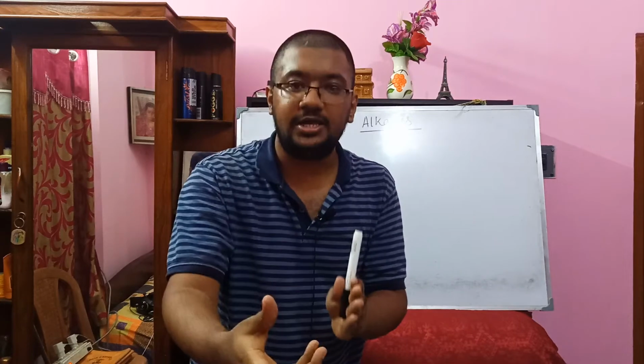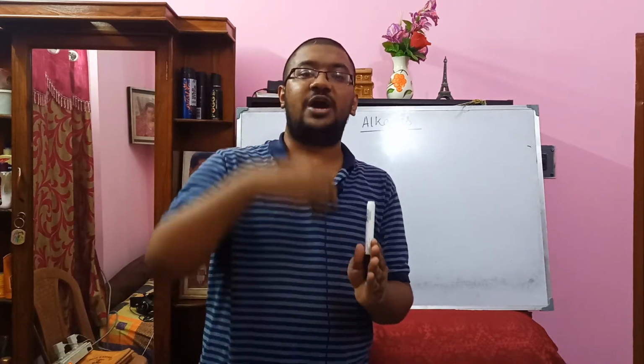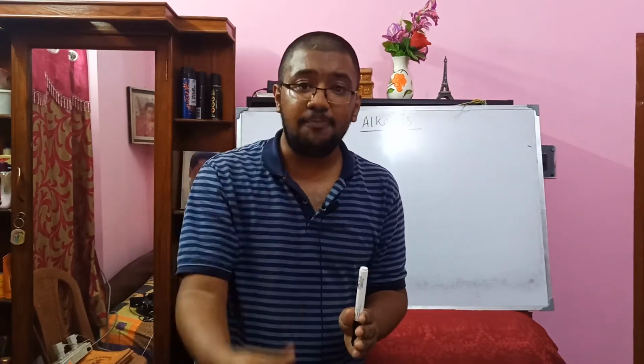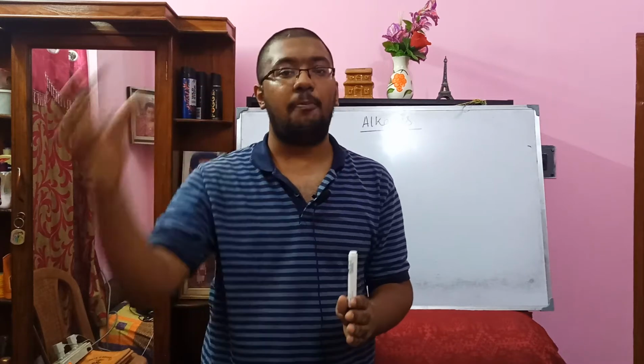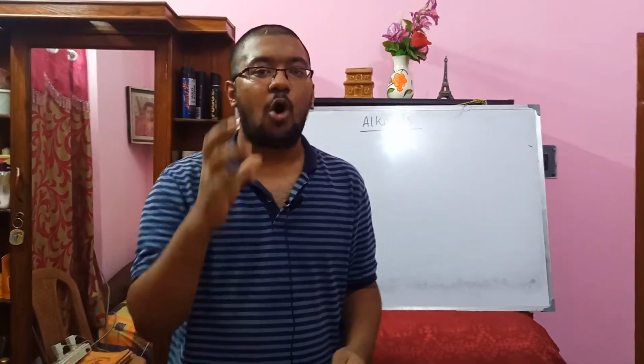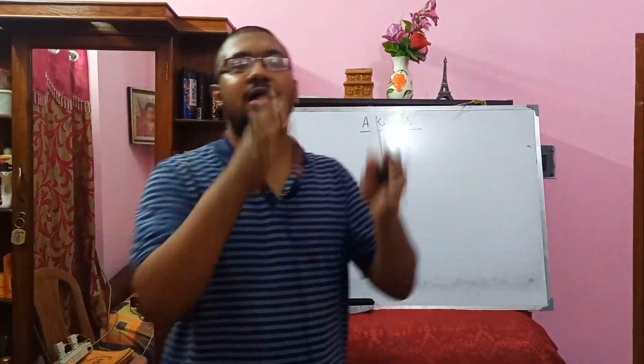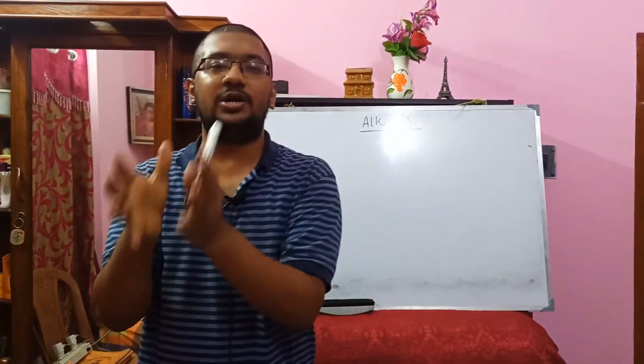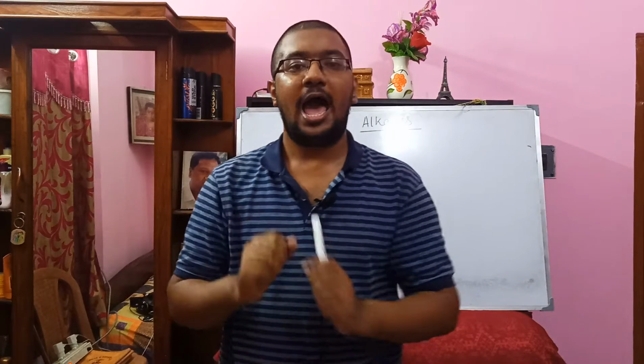So instead of this CH3I, if it is C2H5Cl also, in the presence of alcohol and a zinc and copper couple, the reaction will take place in a similar manner, because all you need is an alkyl group to which a halogen group is attached.